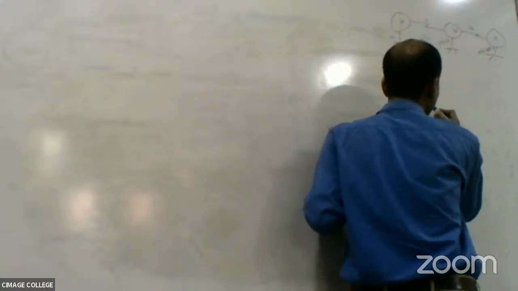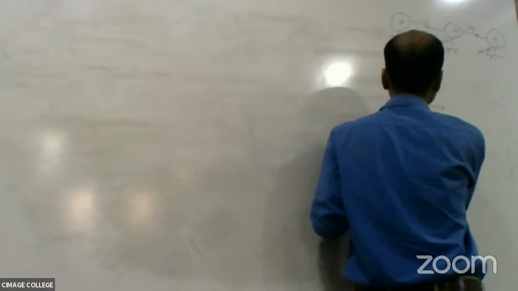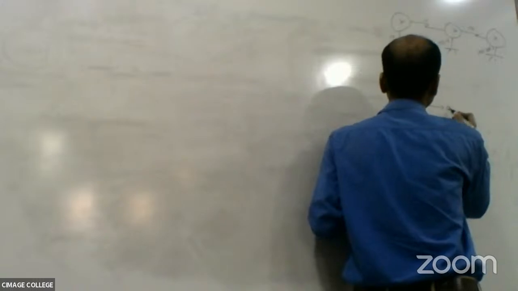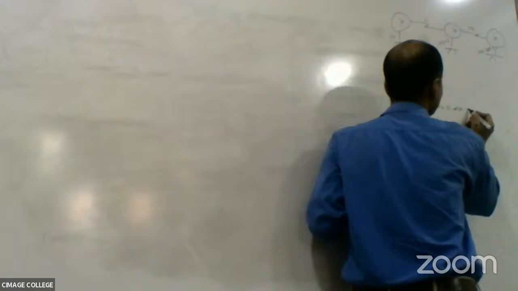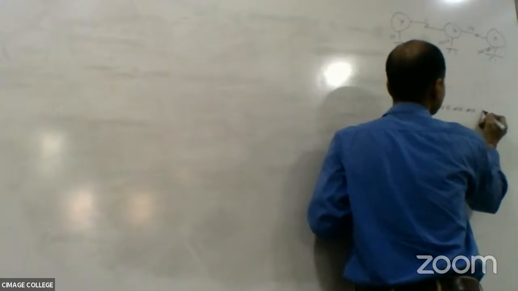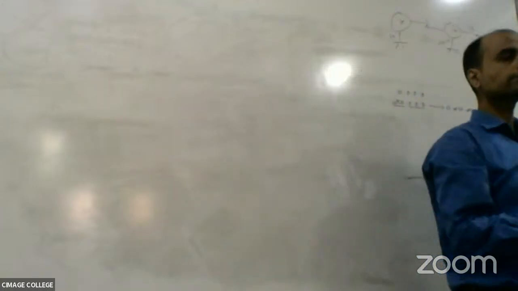Then the wildcard mask will be the opposite of this subnet mask, meaning in place of 255 we write 0, and in place of 0 we write 255. Then the value will be 0.255.255.255. Correct.